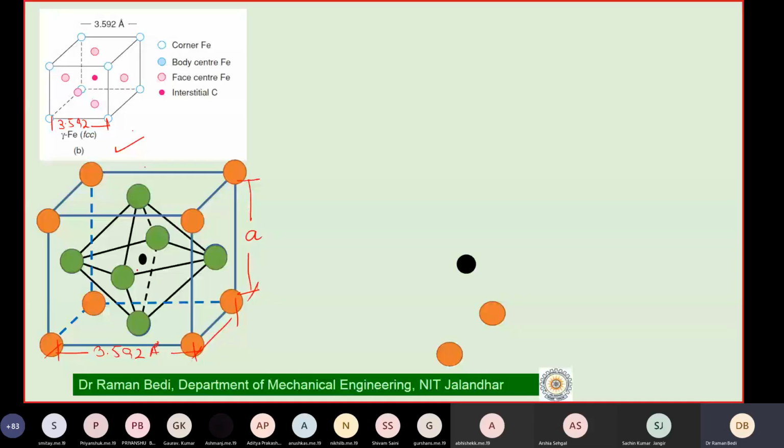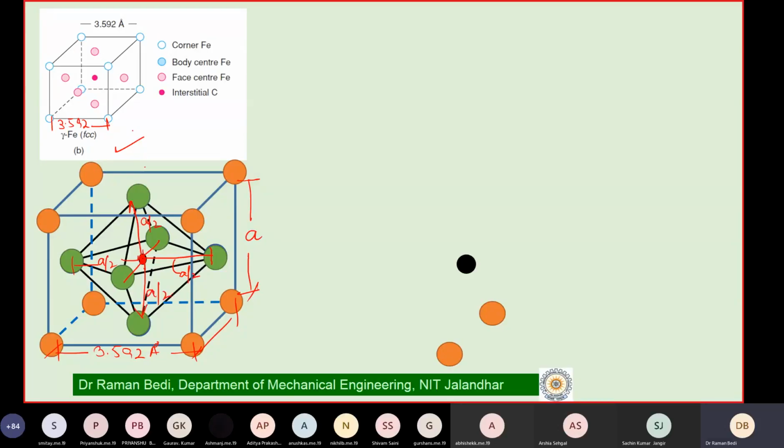When I talk about this impurity carbon atom, sitting here at the center of this unit cell, and try to find the distance between the nearest neighbors, this comes to a by 2. The other one also comes to a by 2. This one is also a by 2, and from the top also it is a by 2. So it's a regular octahedral.